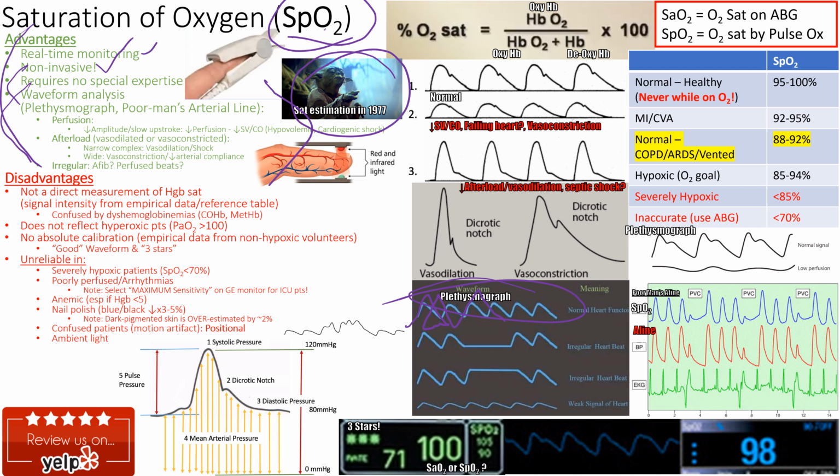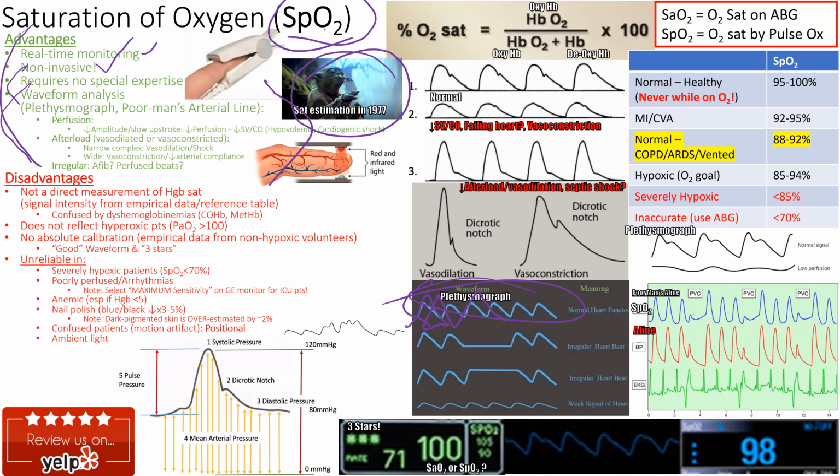And you can measure that perfusion with your pulse ox. When your perfusion is not great, you don't have a great pulse ox, right? When you have cold fingers, that's not going to give you a great pulse ox. But when you have a good pulse ox, you can say they have vasodilation happening or they have vasoconstriction happening. You can assess if they're in a shock state or not based on the pulse ox, right?